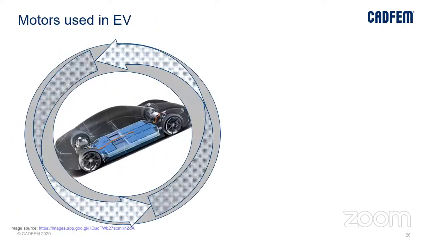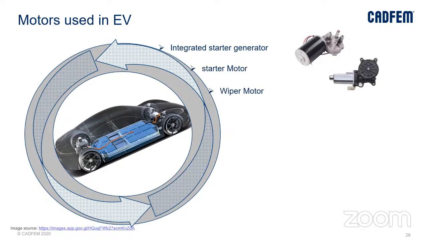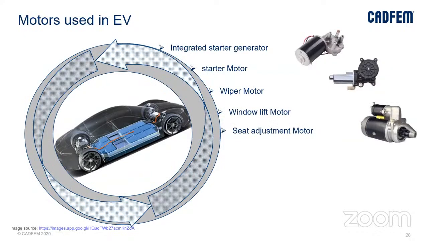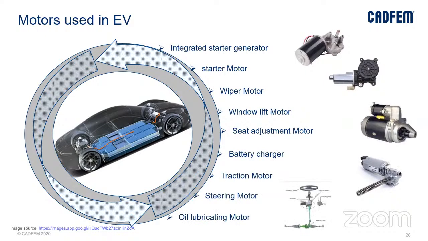Just to give a brief idea, honestly speaking, out of all these applications of electromagnetics, I can say 70 to 80% of the market is captured by motors. If you want to know where exactly we are placed on the electromagnetic side, I can say for an EV, you can start from an integrated starter motor or generator, starter and wiper motors, the window lifting motors, the seat adjustment motors, the battery charging motors, traction motor applications, the motors used in the steering part, and even in the oil lubrication part.